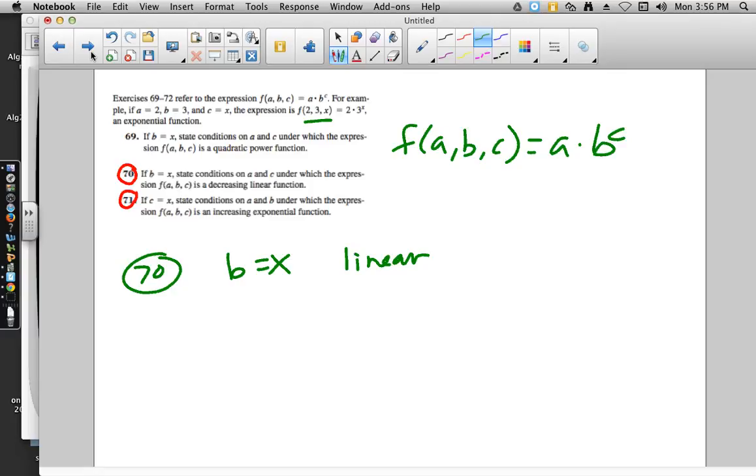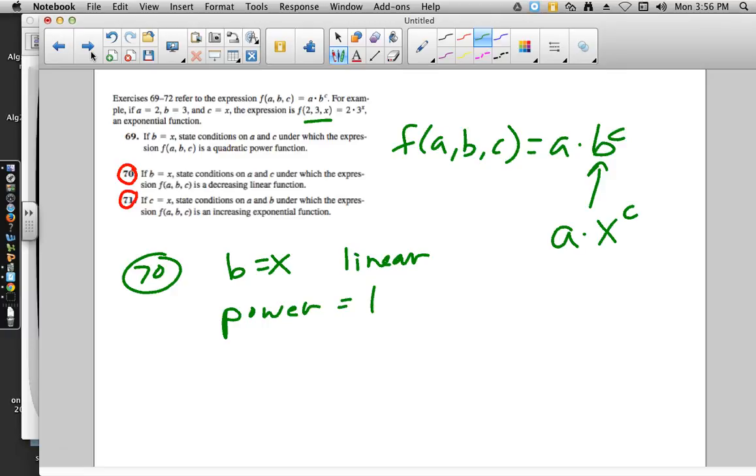Now, why do I say that? Take a look right there. They're saying this is a times, if b is x, x to the c. And so we know it's going to be linear, which means that it has to have a power of 1. So that means that our exponent here has to be 1.